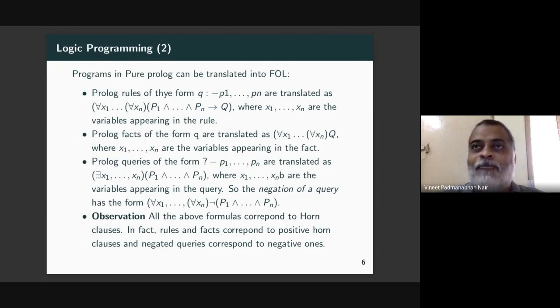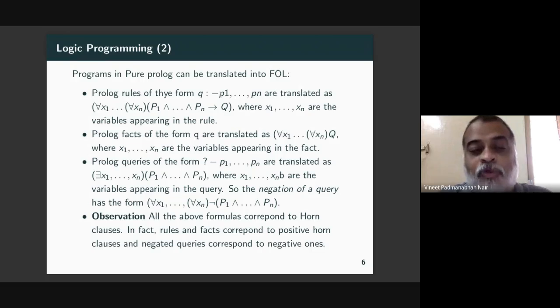Or else it can be a simple, straightforward name itself. So it can be either one of them. So Prolog facts of the form Q are translated as for all x1 to xn Q, where x1 to xn are the variables appearing in the fact.